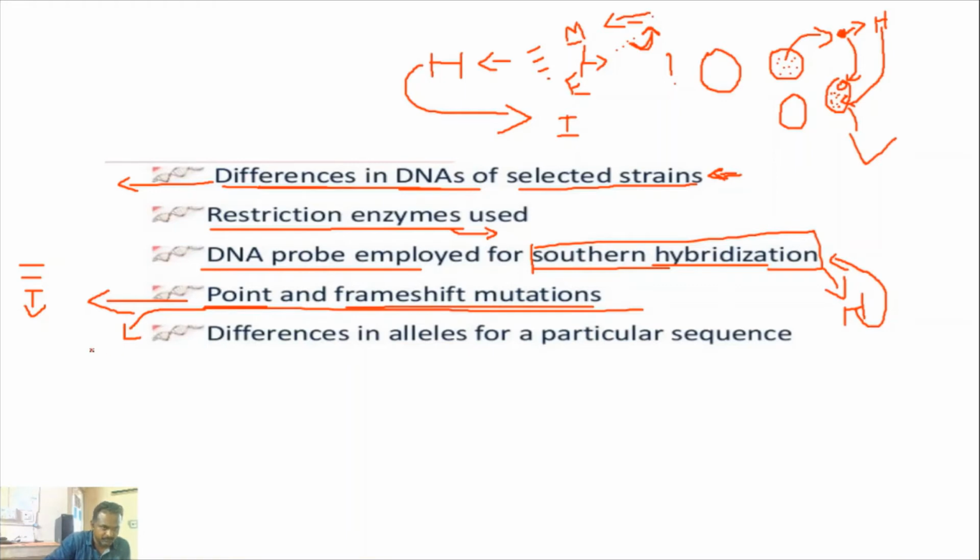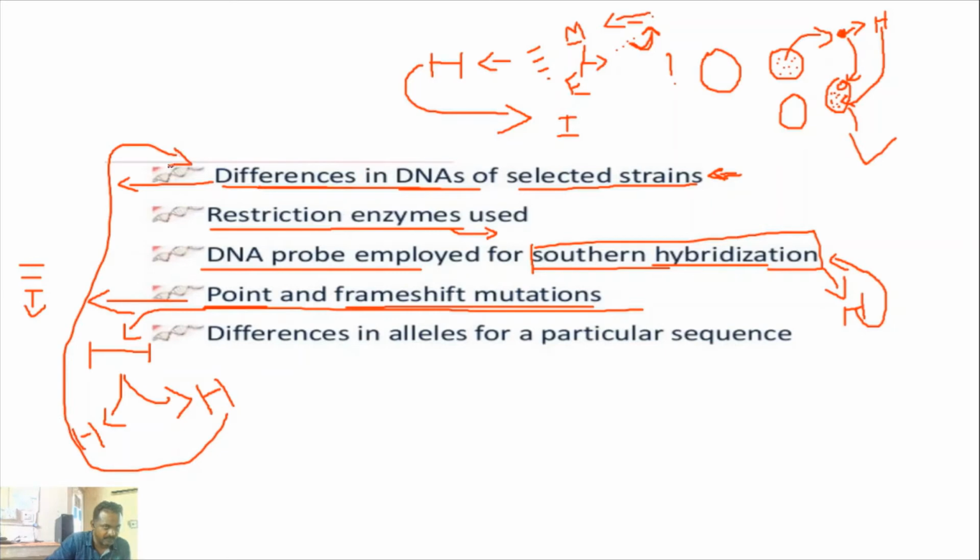The point mutation causes a large number of genetic diseases, and also a number of symptoms. So those genetic disorders or symptoms are analyzed or characterized by the RFLP. The frame shift mutation is something different.